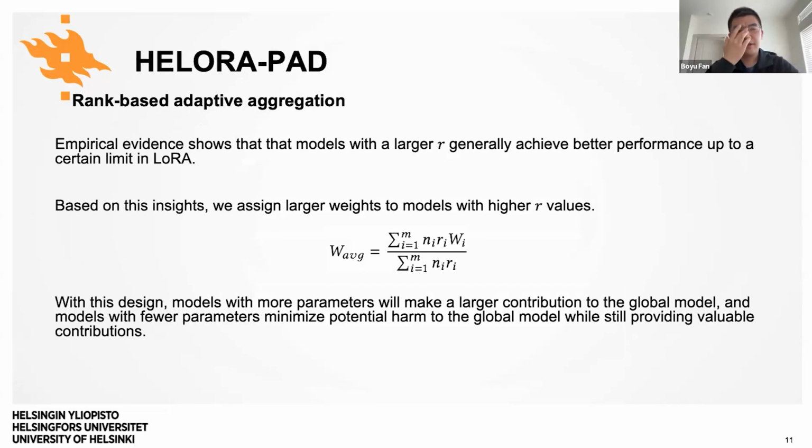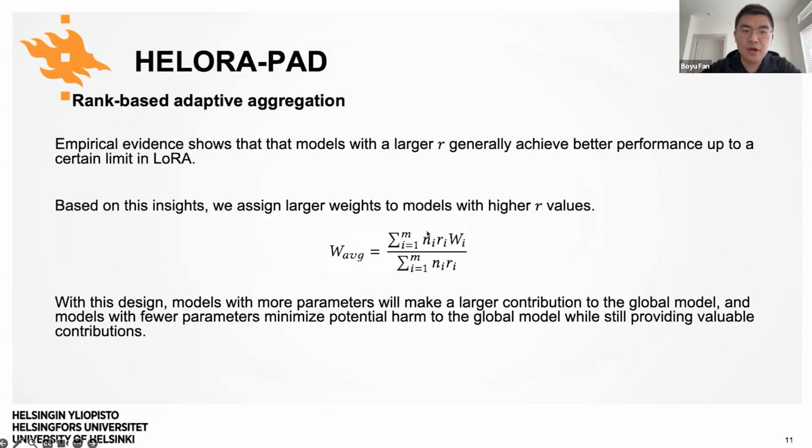Next is the rank-based adaptive aggregation. There's empirical evidence showing that a model with a larger R generally achieves better performance, up to a certain limit, in LoRA, because with more model parameters we can train better. Based on this insight, we assign larger weights to models with higher R values.